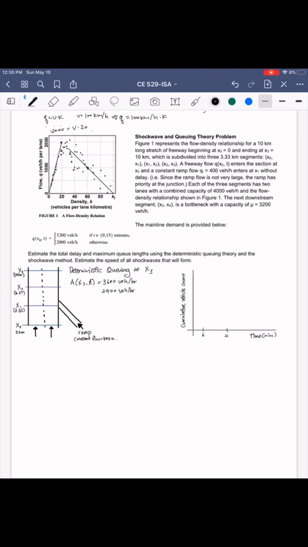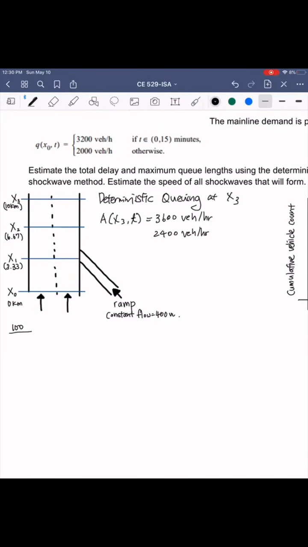So if you calculate that, it's 10 kilometers divided by 100 kilometers per hour, which becomes 1/10 hour, and let's convert that into minutes, and it'll take 6 minutes to get from x0 to x3. So instead of 0 and 15 here, it'll be 6 and 21 minutes, and this will still be otherwise.